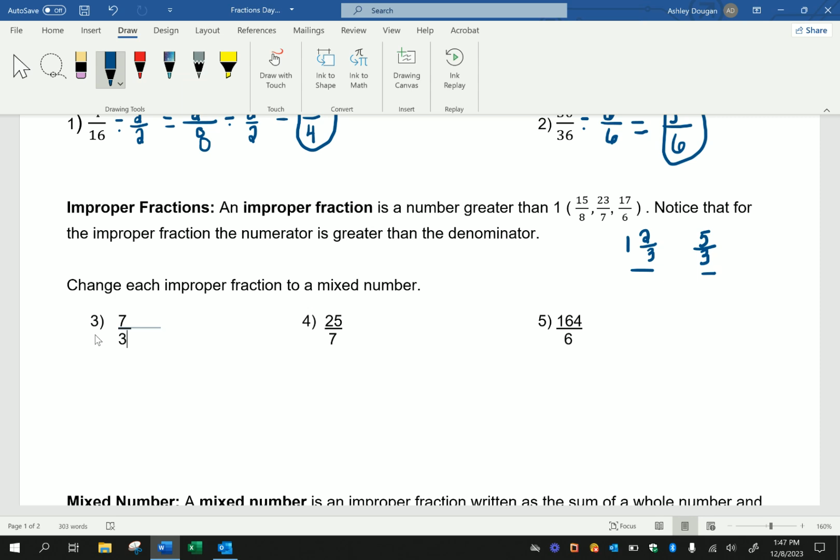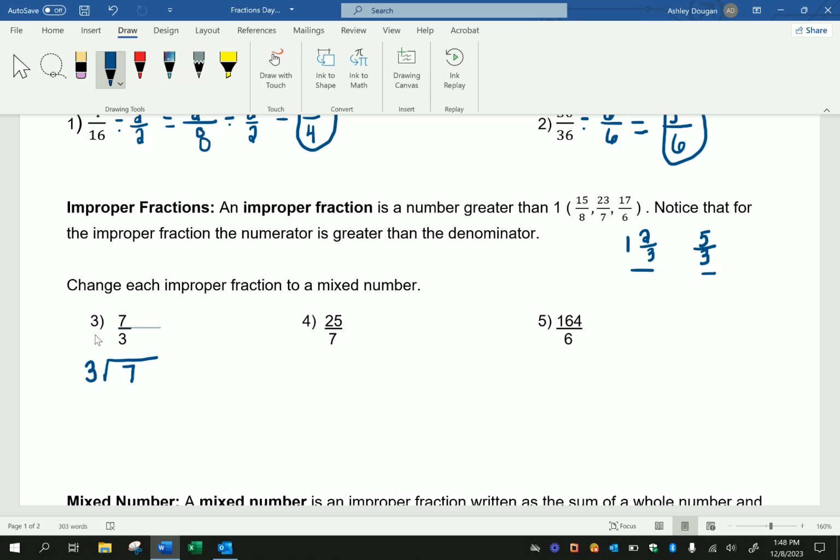If we look at number 3, we have 7/3. We want to change that to a mixed number, written as a whole number and a fraction instead of just improper fraction form. And the way we do that is through long division. We write out a long division.